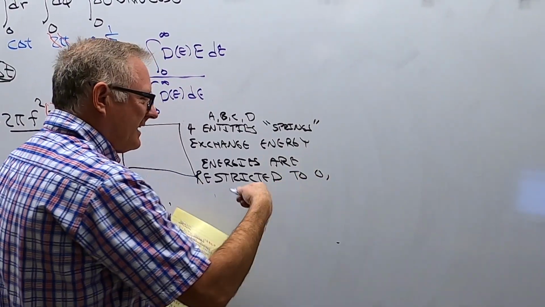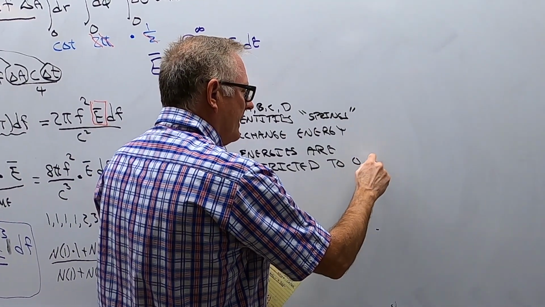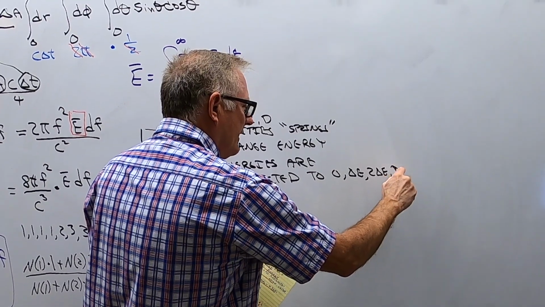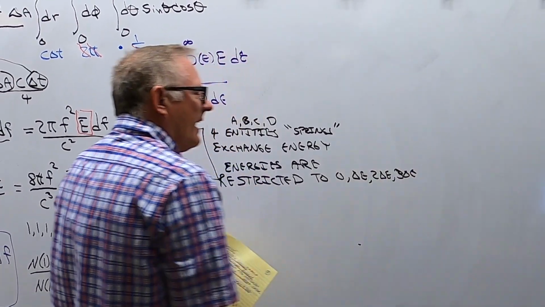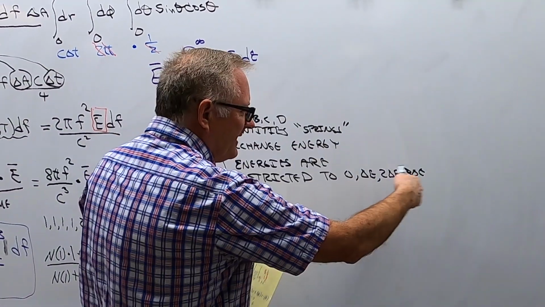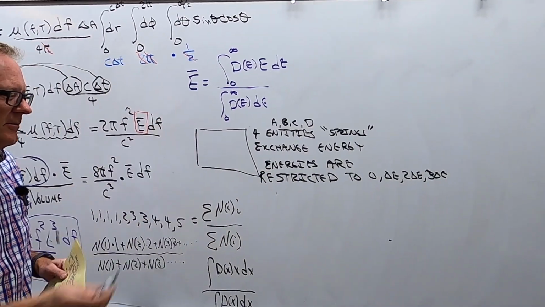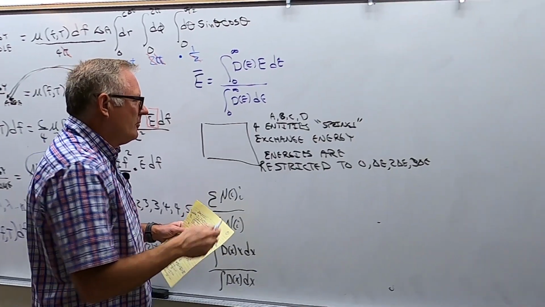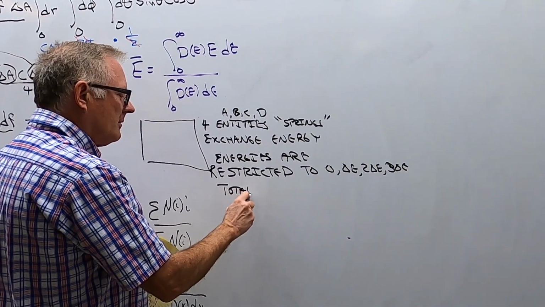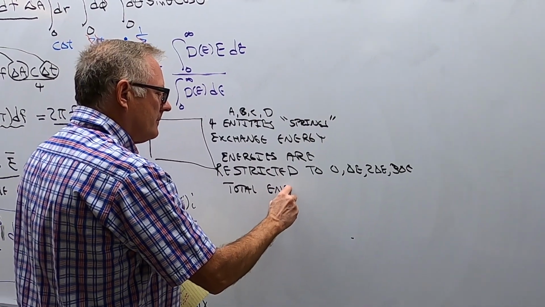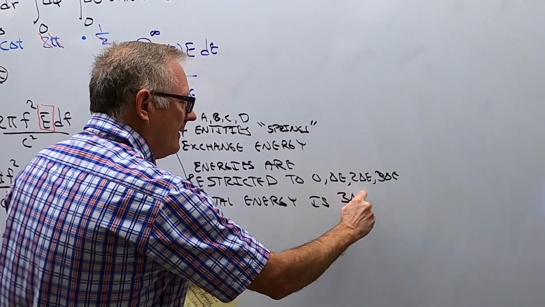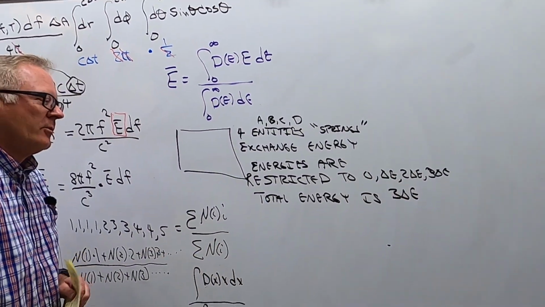Each of the springs can either be 0, or it can be delta E, or it can be 2 delta E, or it can be 3 delta E, and so on. And later I'll just let delta E go to 0, real small, so it's more continuous. But right now it's discrete right here. And let's assume that the total energy in here is 3 delta E. So there's how much energy we have.